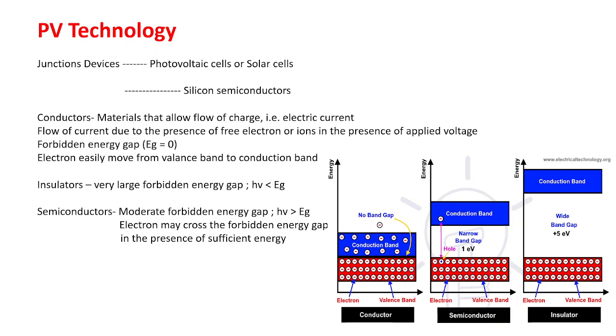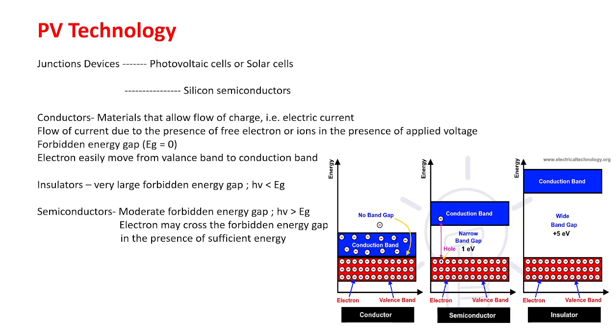If I say the material is a conductor, it means the electrons can freely move from the valence band to the conduction band, and these two bands are too close in the case of a conductor, so there is no obstacle and we do not need any external effort for the movement of these free electrons. This obstacle in materials is known as the forbidden energy gap.